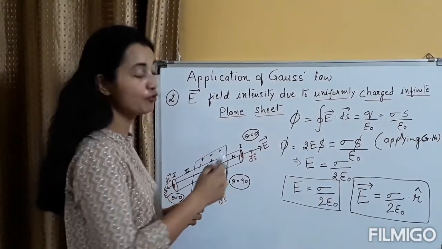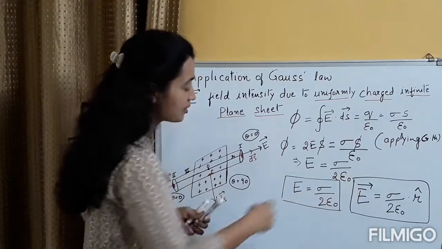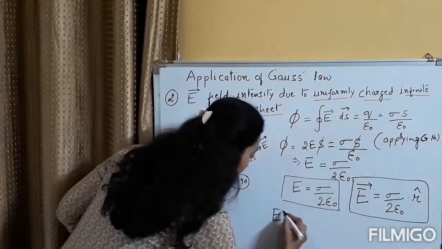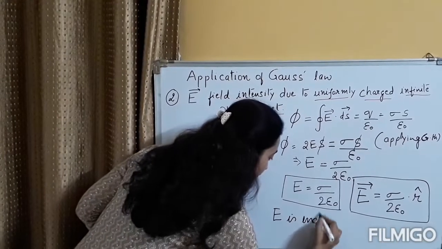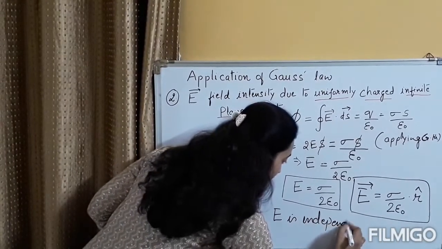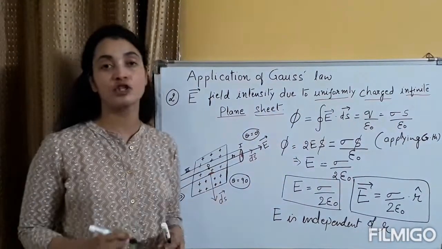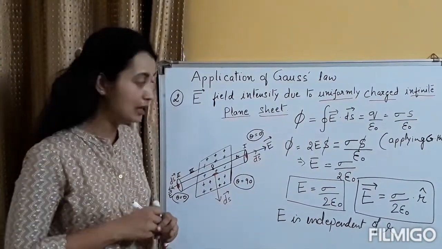We are getting this result, and here the point to be noted is E is independent of the distance r at which we are trying to find the electric field.